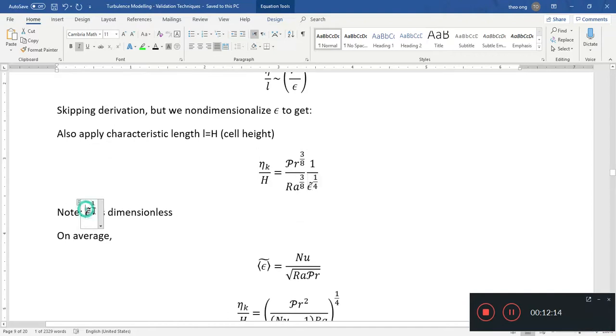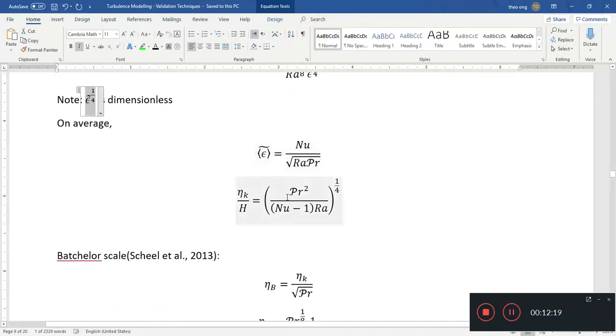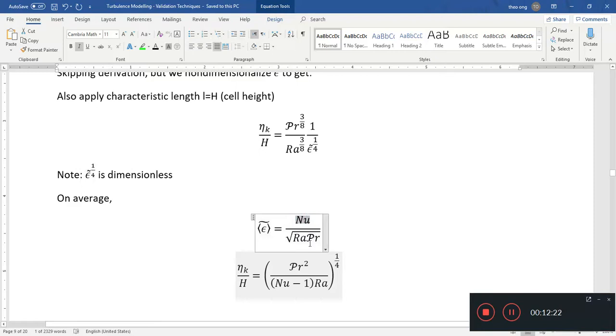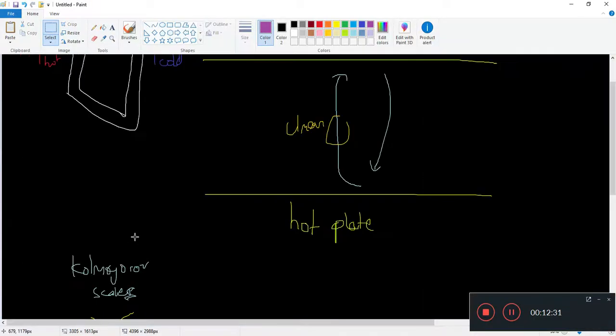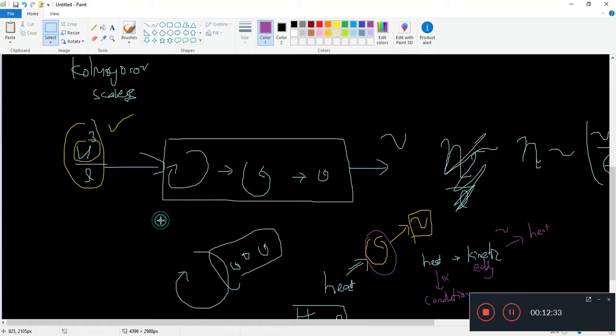So this epsilon tilde to the 1 over 4 is actually a dimensionless dissipation rate, and on average this dissipation rate is governed by the Nusselt number, which is the heat transfer, because ultimately the feeding system here, and your total dissipation rate, be it by conduction or viscous dissipation, has to equal this energy input rate. Otherwise it's not a stable system.